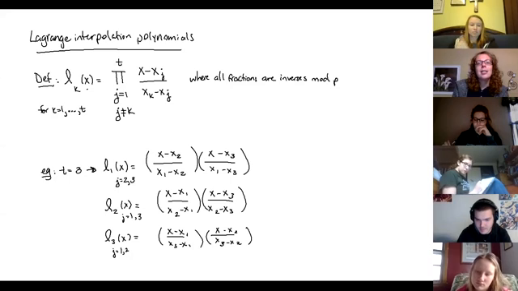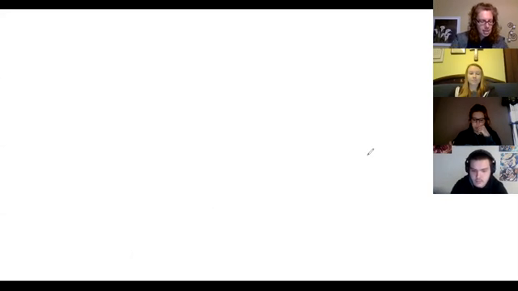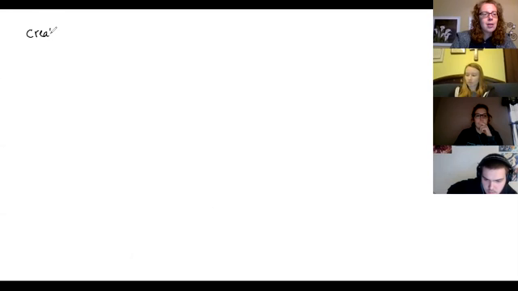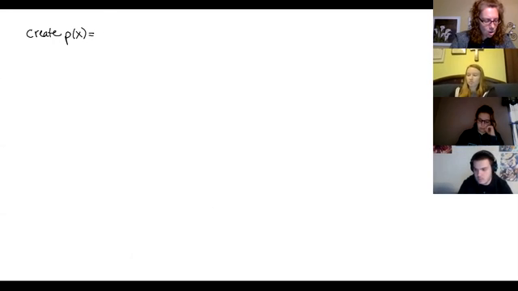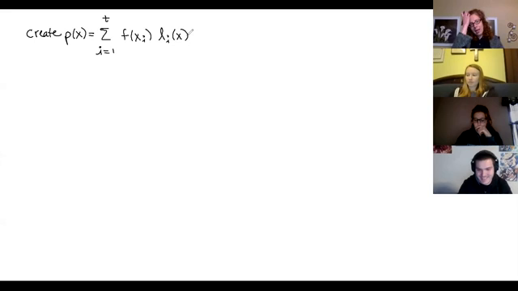Okay. All right. Let's talk about how we can use these to reconstruct a scheme. So we can then create this new polynomial, p of x, which is going to be the sum as i goes from 1 to t, f of x sub i times L sub i of x.